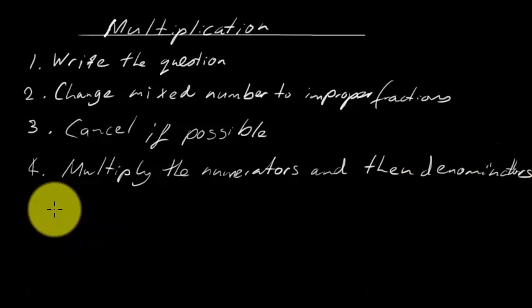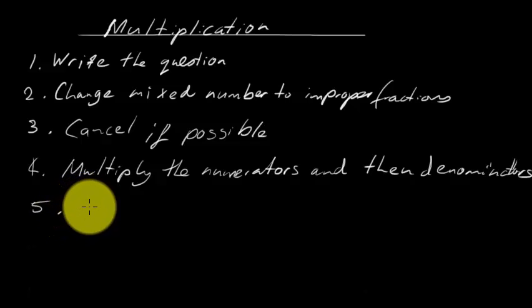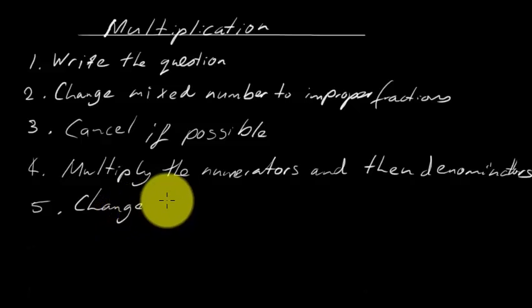Okay, final step is to simplify and change to a mixed number if appropriate. So final step. We don't want to leave something like 5 over 4. We want to change 5 over 4 to 1 1/4.